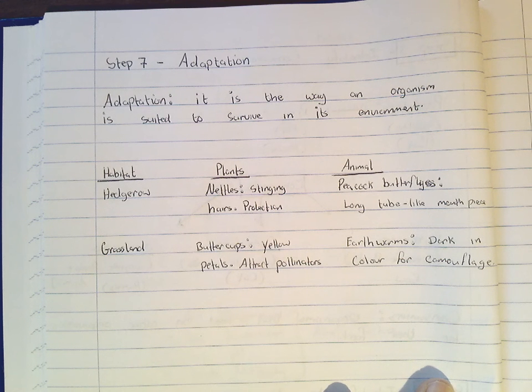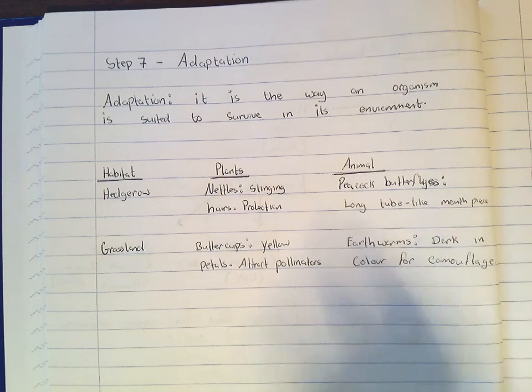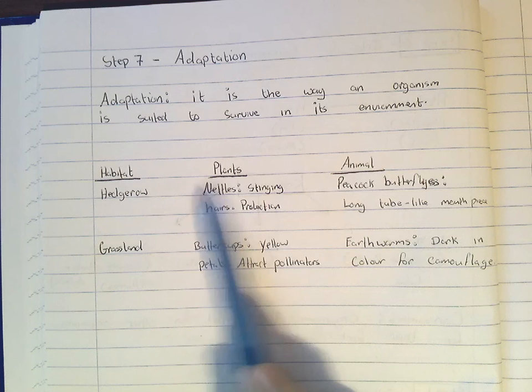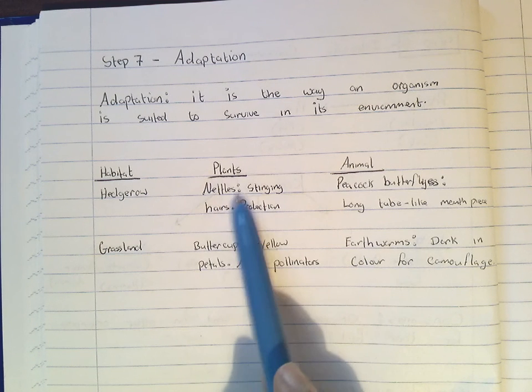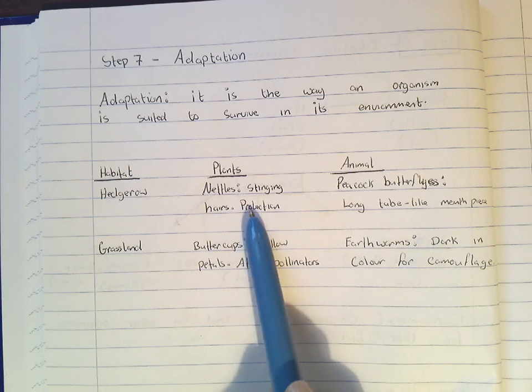And adaptations involve changes or adjustments in the structure and behavior of organisms in order for them to be able to survive in their particular habitat. So for example, if we take nettles, they develop these stinging hairs, and these stinging hairs are a structural change to the organism, which gives them protection from being eaten by certain other animals.